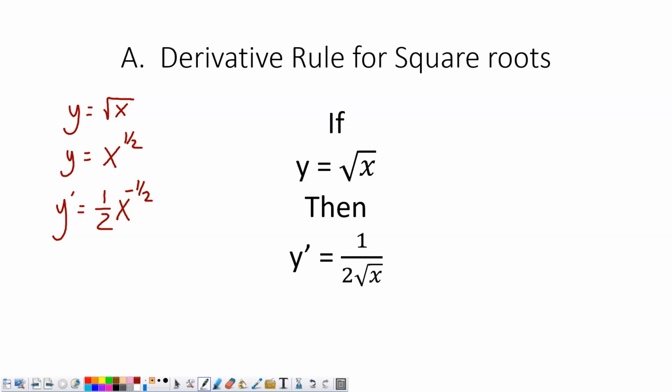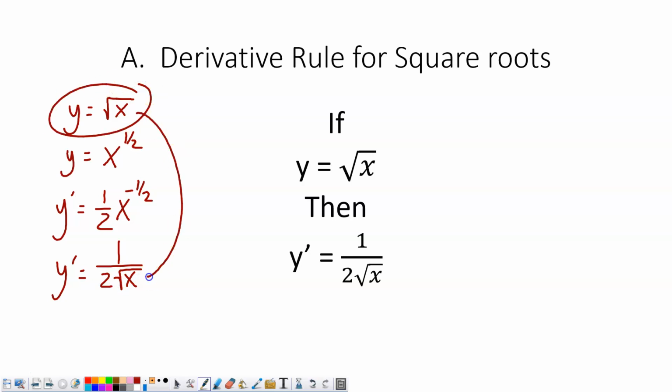And then I also know that x to the negative half puts that x in the denominator and square roots it. And so we jump from here to here, right? Basically, let's just ignore all this. It's always going to work the same. We can always just jump straight from the top to the bottom since we know what it's going to look like. Okay? So we have a shortcut so that we don't need to actually go through that process.